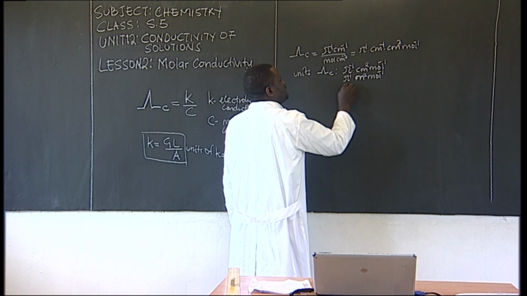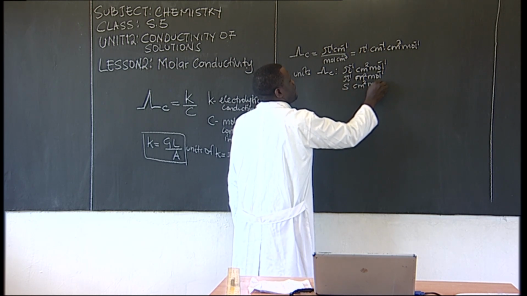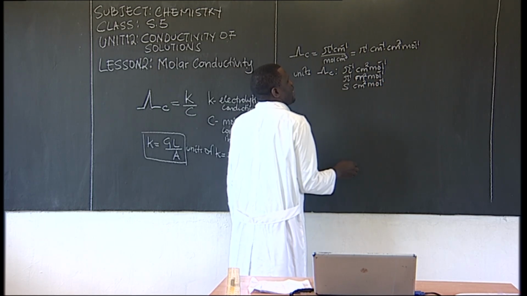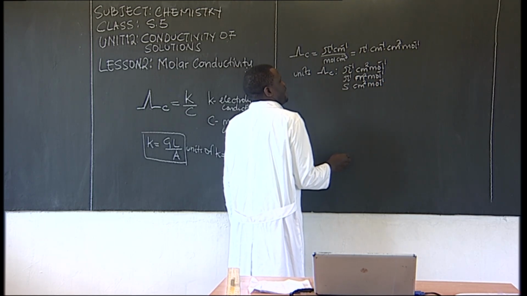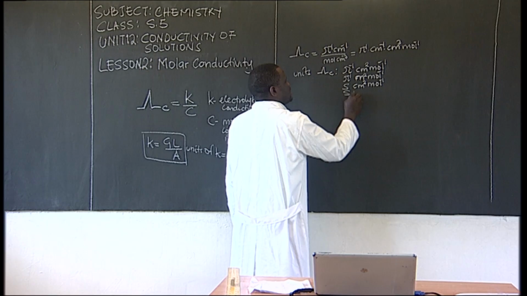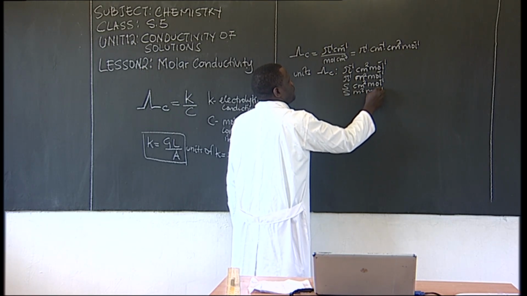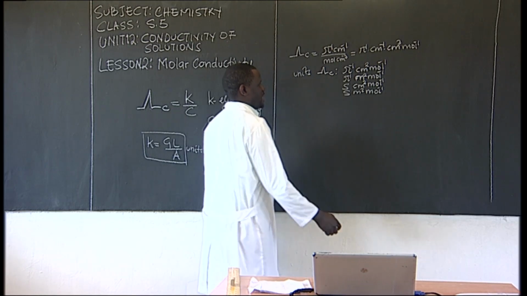We can say Siemens centimeter squared per mole. These are all units. Even we can say Siemens meter squared per mole.